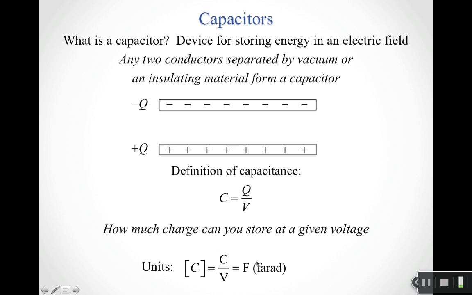Michael Faraday was one of the big discoverers with electricity in the 1800s, and the farad is a name we've come up with as a tribute to him for what he did within the field. So farads will be our units for capacitance.